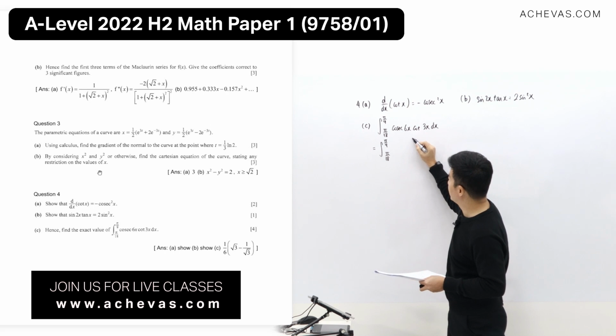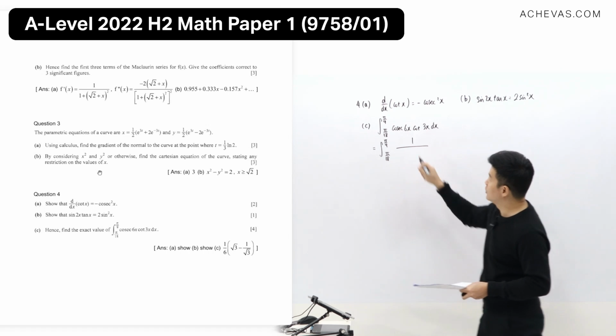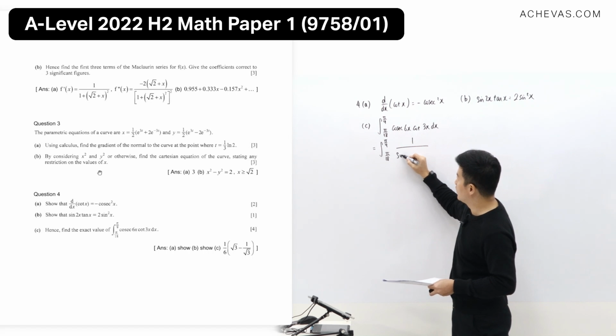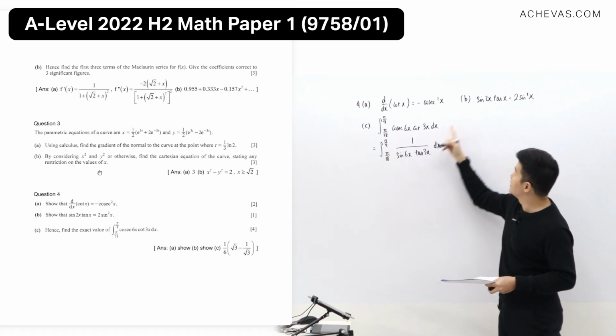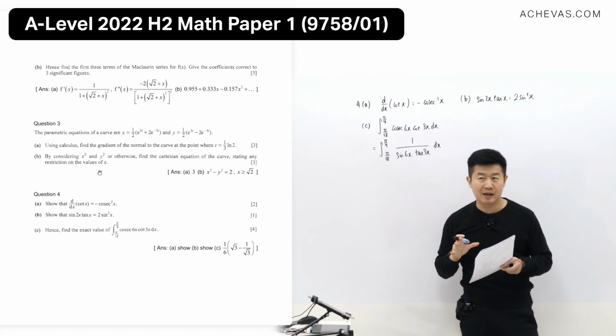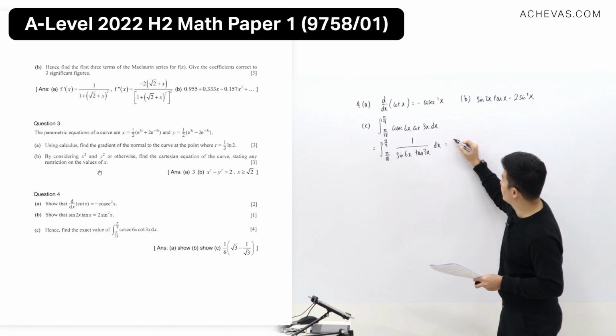Let me just show you what I have first as an expression, then let me explain. So this is going to become 1 over sine 6x, and this will become a tangent 3x. The reason why I'm changing into this is because from B, I can apply the identity that I've just proven. How do I do that?